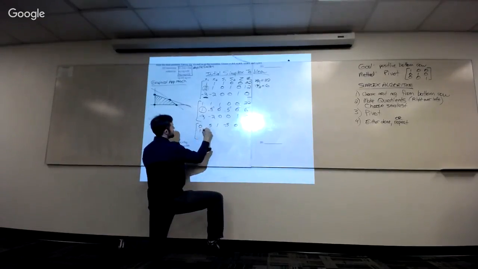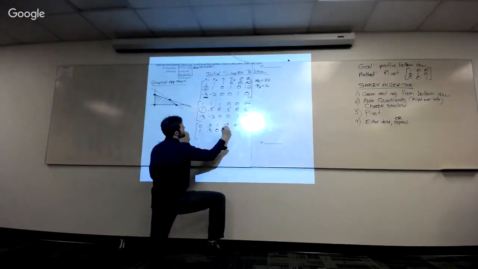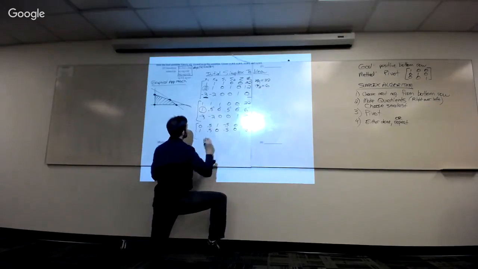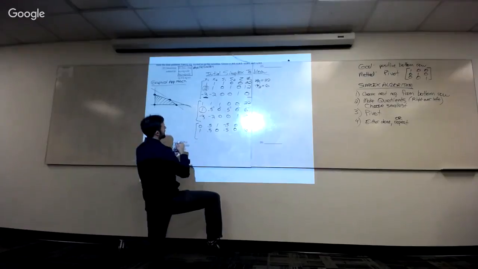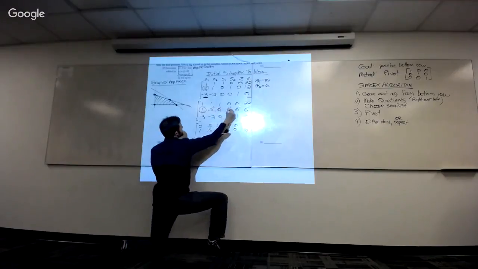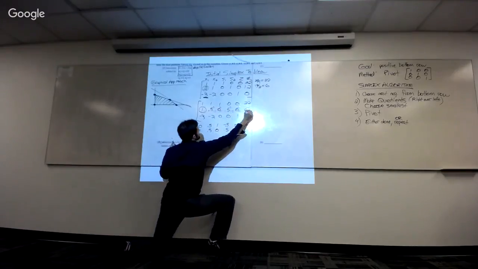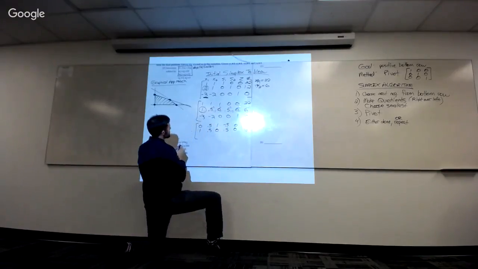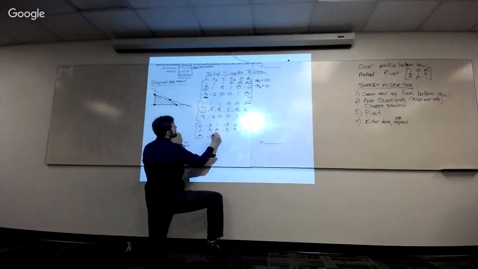Keep my middle row, because that row is already done. And now I need to cancel out my -3 with a +3. So I'm going to multiply the whole middle row times 3. So it gives me times 3 across the row. And I'm going to add that row into the bottom to create my 0, my -0.5, my 0.